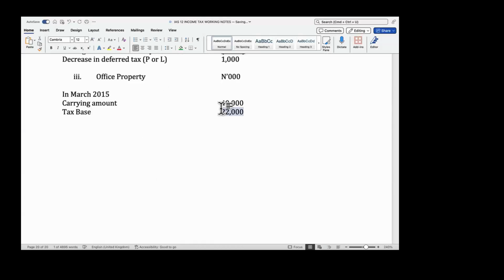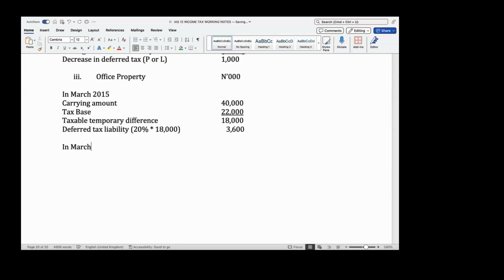The difference is also a taxable temporary difference, which is 18. Then we'll have a deferred tax liability, which is 20% of 18. Since 10% is 1.8, 20% will be 3.6.